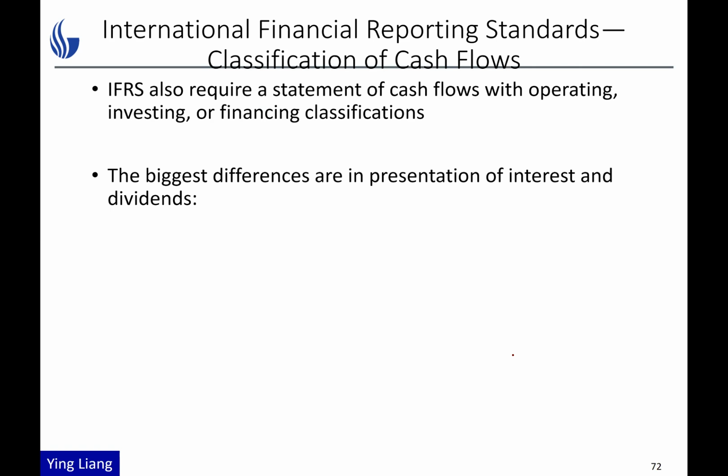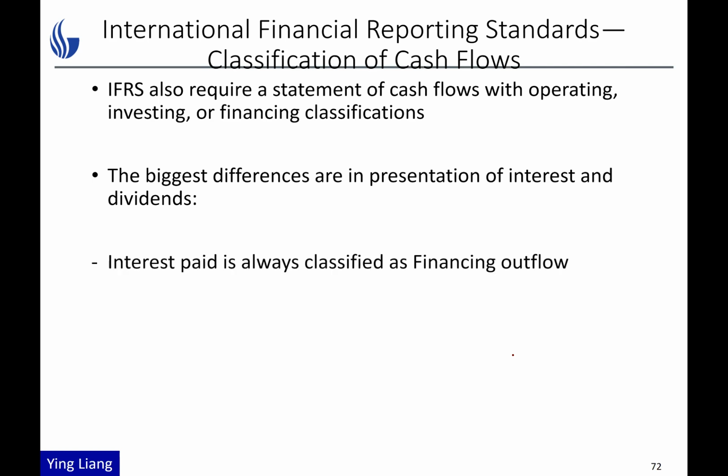Now, we have the US GAAP, which is one set of rules, and the other set in the international setting is called International Financial Reporting Standards, or IFRS. All the European countries, Canada, Australia, a lot of Asian countries are using IFRS. They have a different set of rules, and there's a little bit of difference in terms of the classification of these cash flow statements.